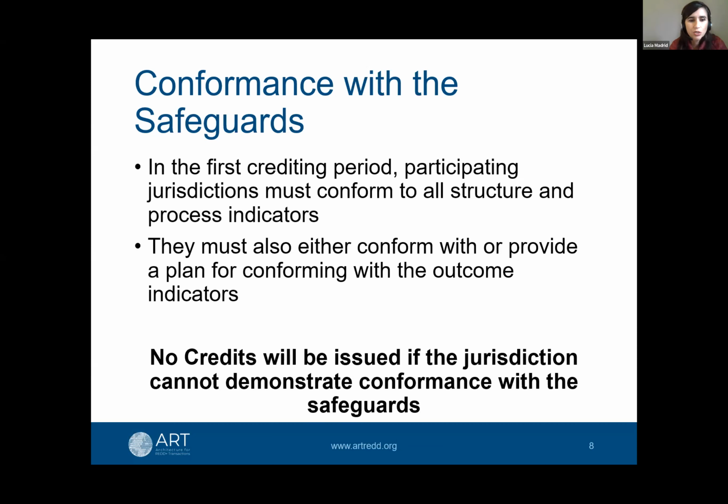No credits will be issued if the jurisdiction cannot demonstrate conformance with all of the safeguards. If a jurisdiction chooses to use the look-back period and wishes to seek credits for up to 4 years prior to joining ART, conformance with the safeguards must still be demonstrated for all of the years.